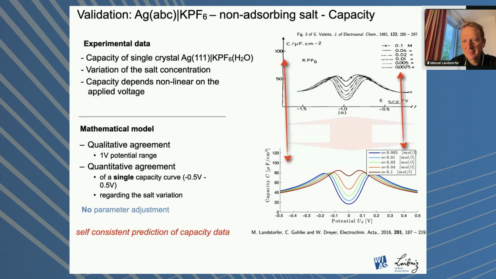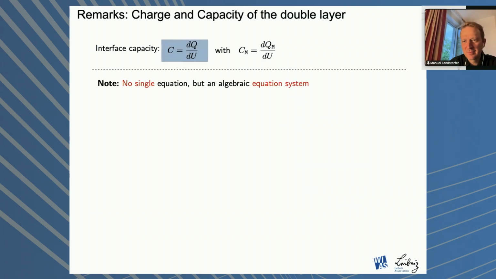And this is a self-consistent prediction of capacity data sets based on this continuum model framework. One remark here, also for people who are a little bit more familiar with this: the capacity itself is not a single equation, but an algebraic equation system. You basically have to solve two equations in order to get the representations I just showed you.